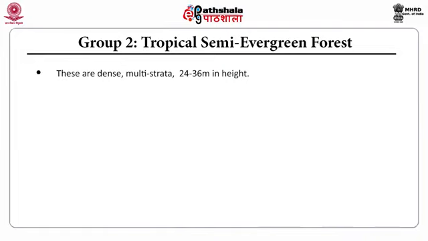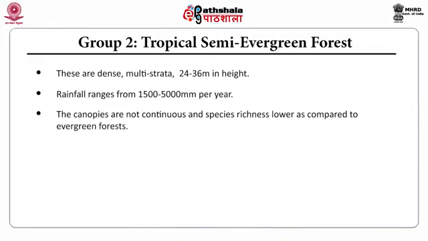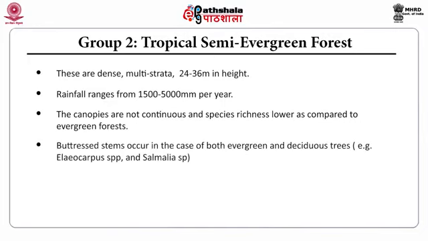Continuing with this group 2 discussion on tropical semi-evergreen forests, these are dense and multistrata. Rainfall is moderately high. The canopies are not continuous and the species richness is lower as compared to evergreen forest. There is the presence of buttress stems in both evergreen and deciduous trees, for example, Iliocarpus and Salmalia species.